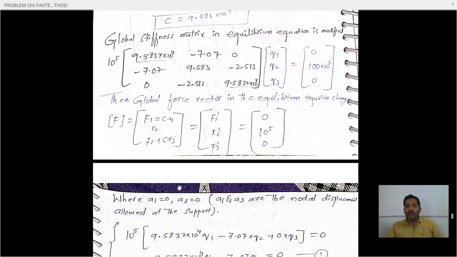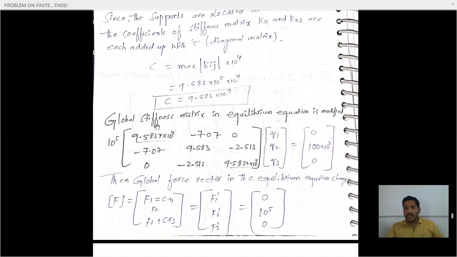After that, we have to go for the global force vector in the equilibrium condition. So the global force vector F1 is equal to C, the coefficient of the stiffness matrix, C1 into A1, and this is F2 and F3 plus C A3. This whole value is considered as F1 dash, this value as F2 dash, and this whole value as F3 dash. 0 above, 0 below, as it is.